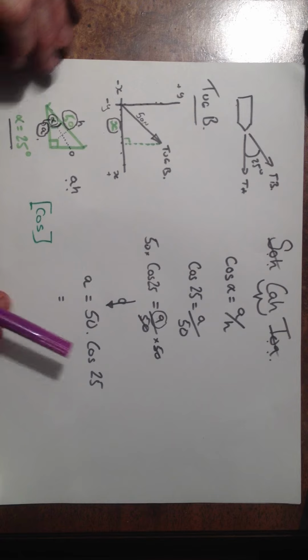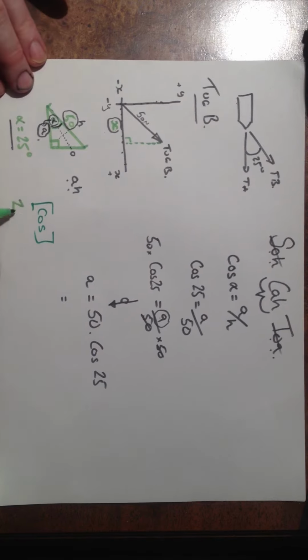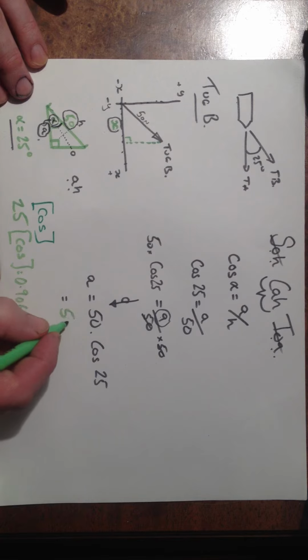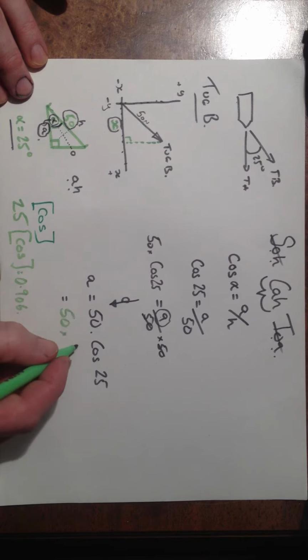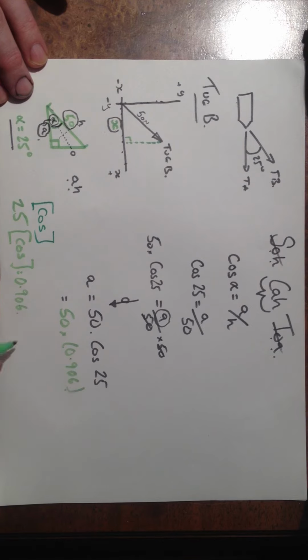And some calculators are different, but what we're going to aim to do is just type in 25 on the calculator, then type the cosine button, and that will give us a number which is 0.906. So it's 50 times 0.906. Okay, I'll just put it in brackets so you can easily separate that out there.